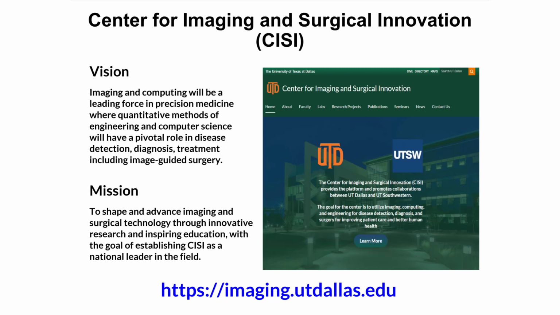I envision that imaging and computing will be a leading force in future precision medicine, where quantitative methods of engineering and computer science will have a pivotal role in disease detection, diagnosis, treatment, including image-guided surgery. With this center, we want to shape and advance imaging and surgical technology through innovative research and inspiring education, with the goal to establish UTD, UT Southwestern as a national leader in the field.